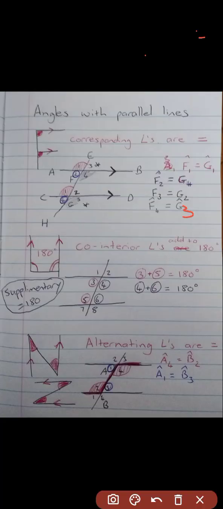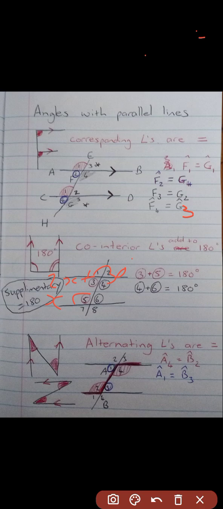When we're making an equation, let's say this one, number 3 there is 2x plus 30 degrees. It's difficult to write on this thing, I apologize. And let's say 5 is just equal to x.